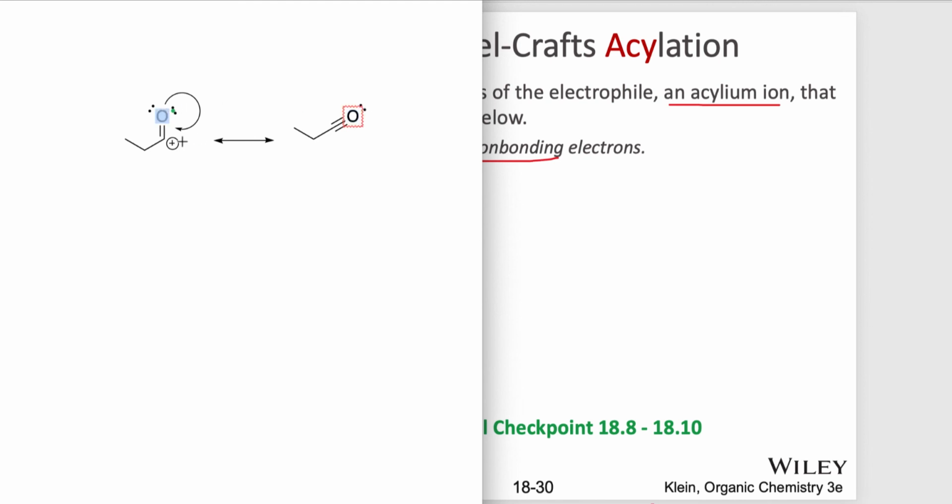And because we're moving electrons and a negative charge, now our positive charge is in a different position. And again, you may need to practice formal charge calculations again or review them if this is a bit murky in your mind. So this would be a good structure.